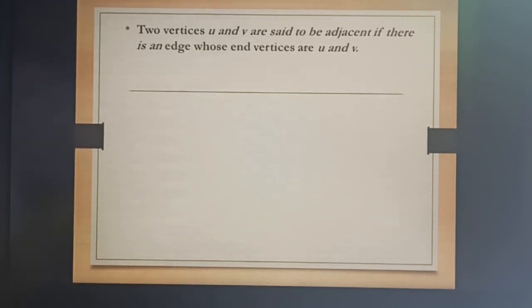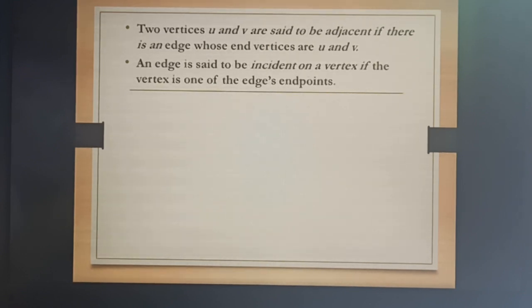So what is adjacent? Two vertices u and v are said to be adjacent if there is an edge whose end vertices are u and v. You know that already.